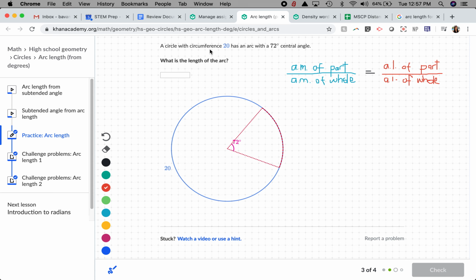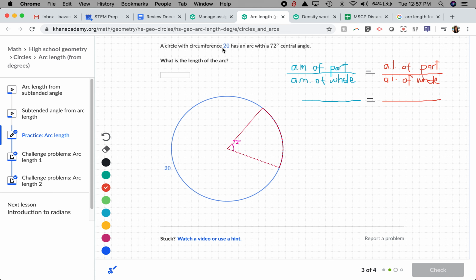A circle with circumference 20 has an arc with a 72-degree angle. What is the length of this arc? So let's go ahead and set up our ratios. All right.